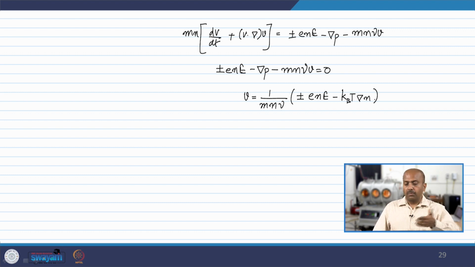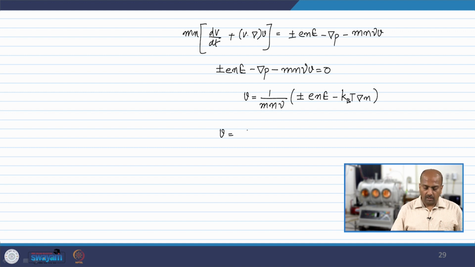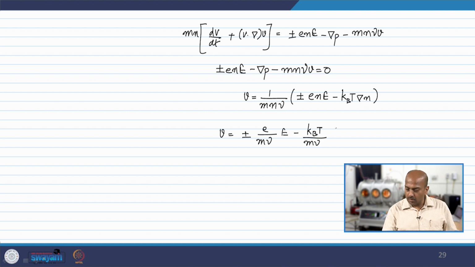I have written the pressure gradient in terms of the density gradient using the ideal gas equation in between. Okay. So, the velocity can be further simplified or arranged as ±e by mν times E minus kBT by mν times ∇n.